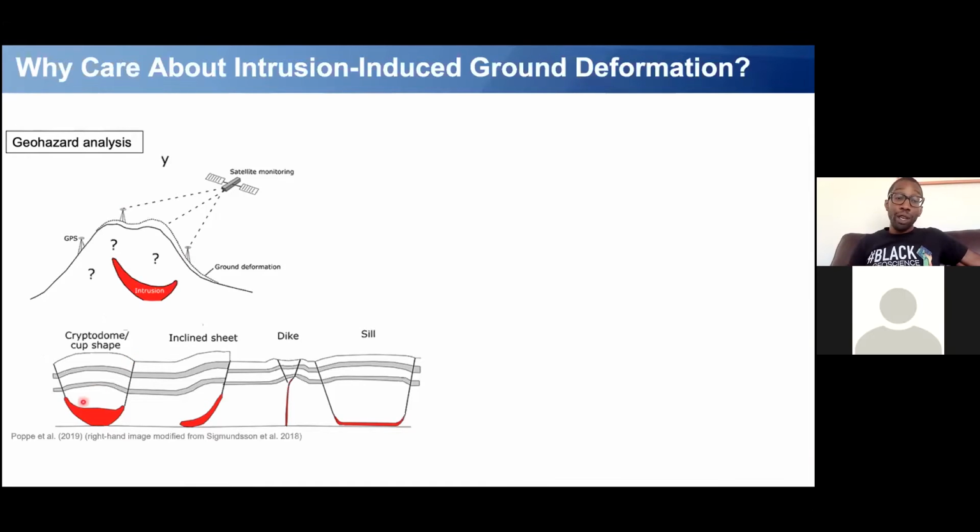But remember, we've got a range of different geometry types we could select from when we're trying to invert a geodetic signal or seismicity data. So we could have a saucer-shaped sill like this, an inclined sheet, a dike, or a more tabular flat sill like this. And all of these are giving us, in many ways, non-unique ground deformation signals. So we're trying to invert that shape.